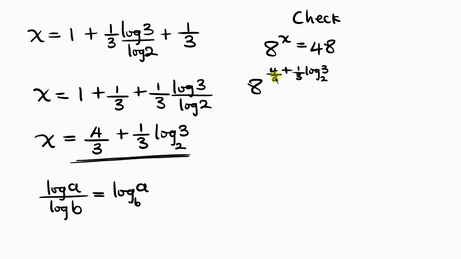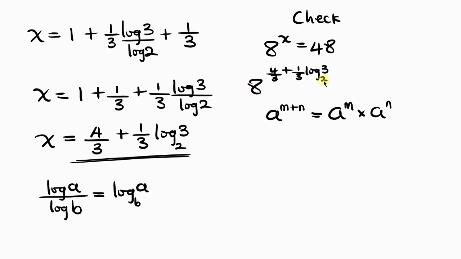Well, according to the law of indices, if I have a to the m plus n, this is equal to a to the m times a to the n. So let's apply this law of indices to what we have here.